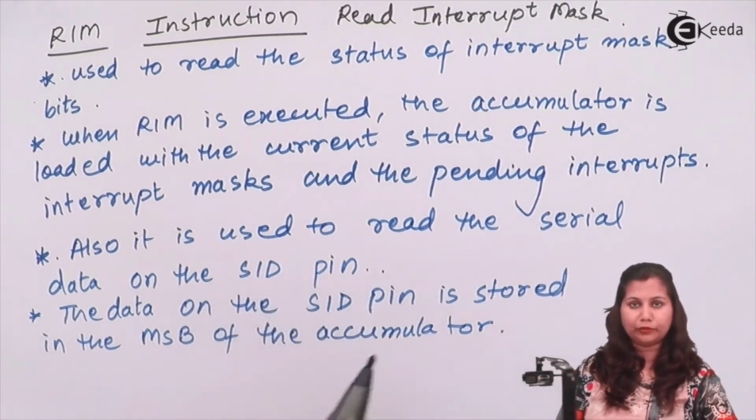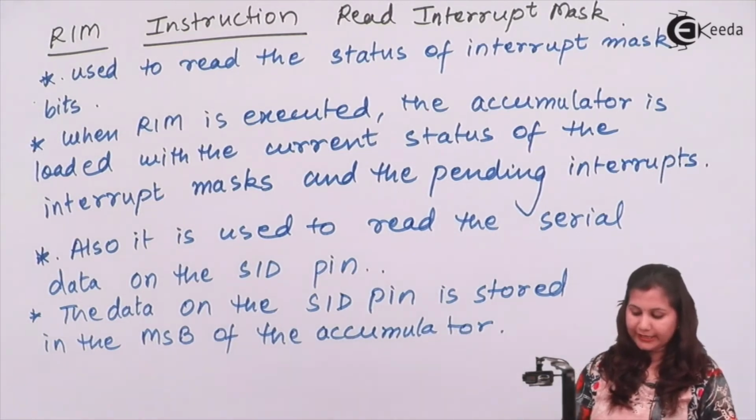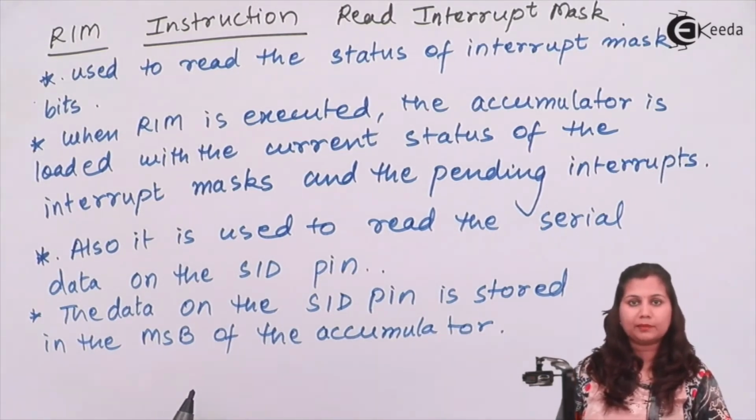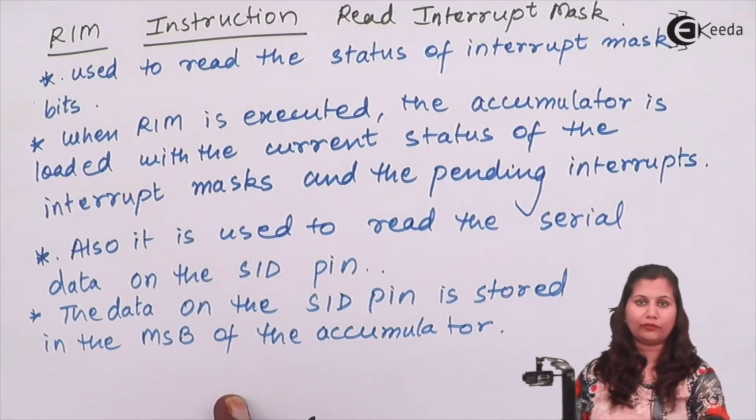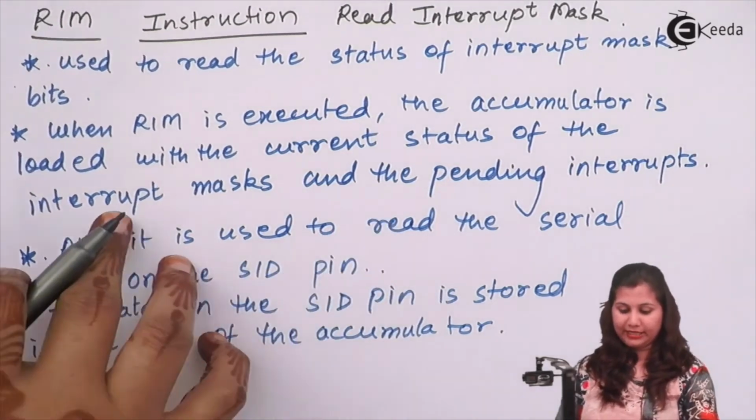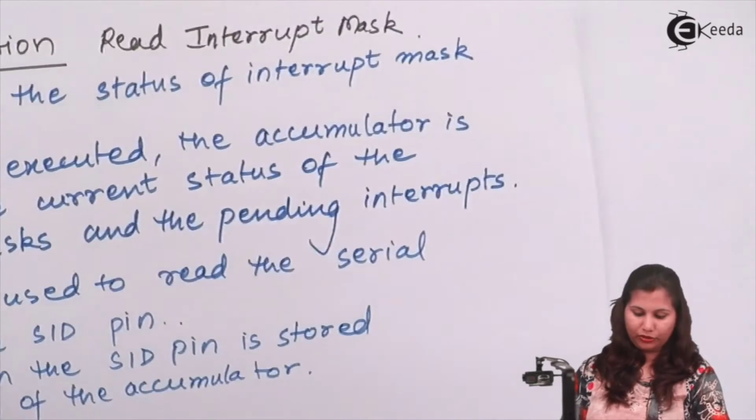SID is the serial input data pin, and the data on the SID pin is stored in the MSB, that is the most significant bit of the accumulator. Let's see the format of this RIM instruction.